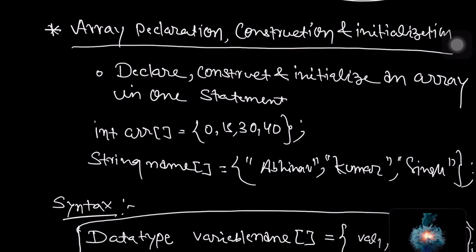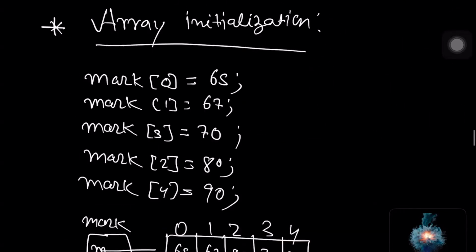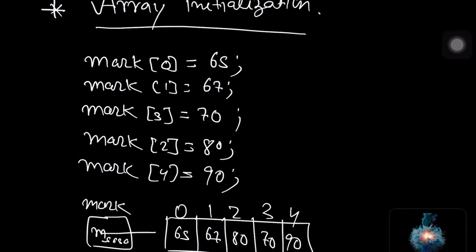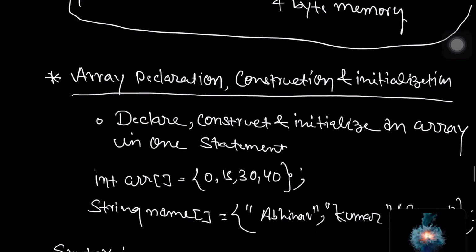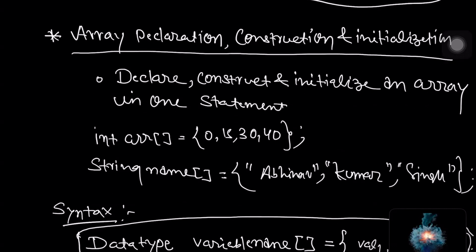When we did initialization, how did we do it here? We did it for one index at a time, right, mark[0] equal to 65, mark[1] equal to and so on. But in certain scenarios, we might want to initialize at the time of declaration itself. We have done array declaration and construction in a single line, but we have not done initialization in a single line.